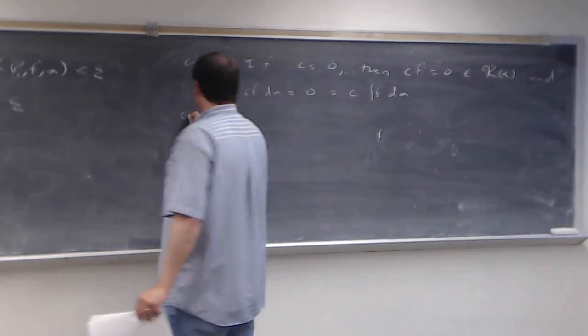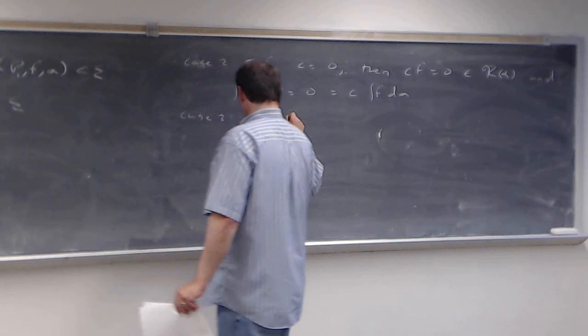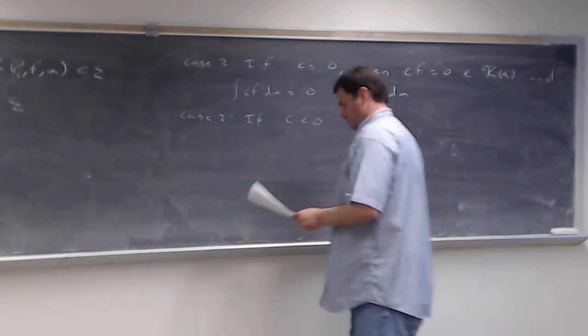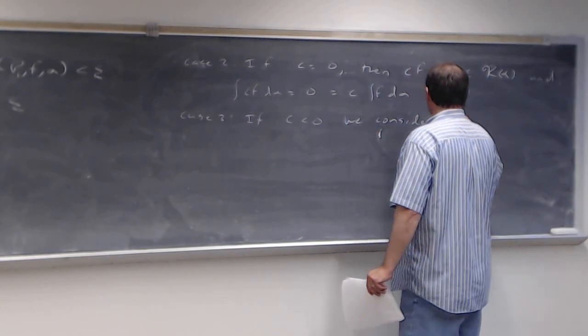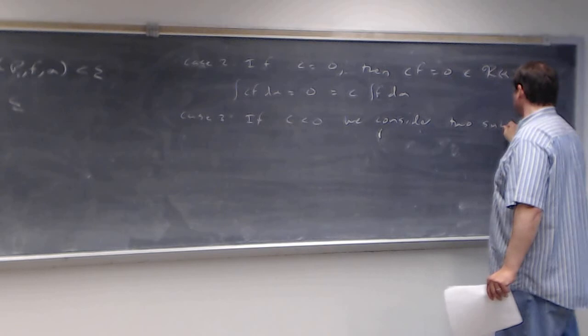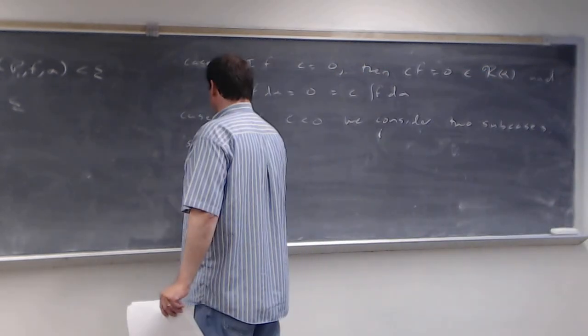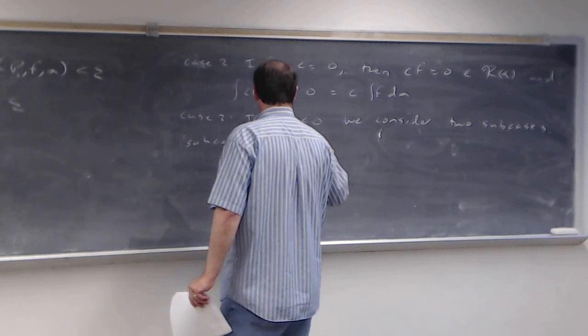Now, for case 3, if C is less than 0, we're going to consider two subcases. First subcase is if C equals minus 1.